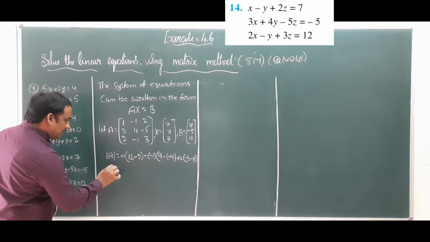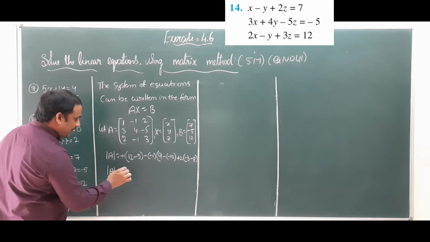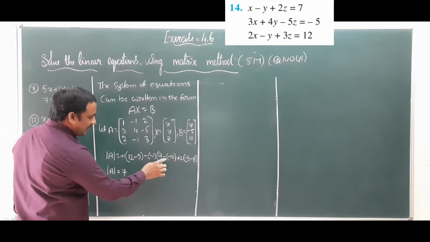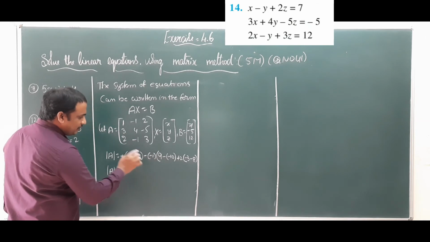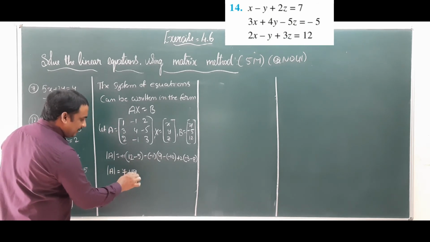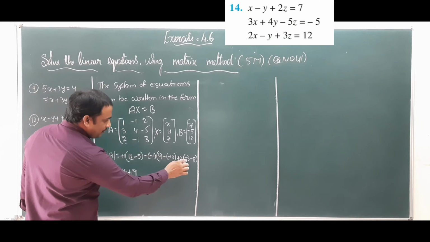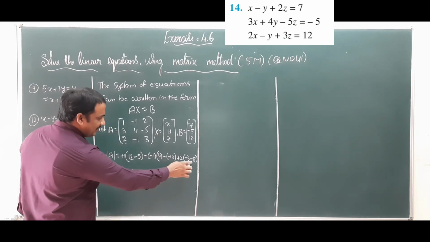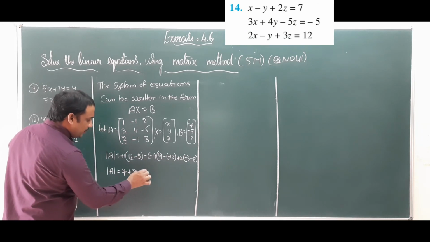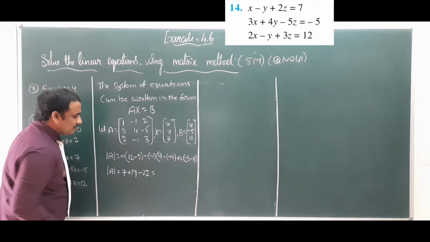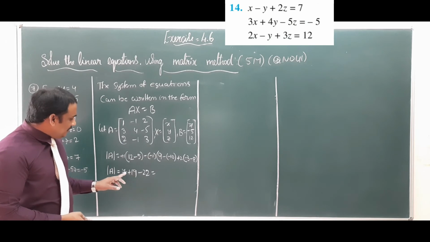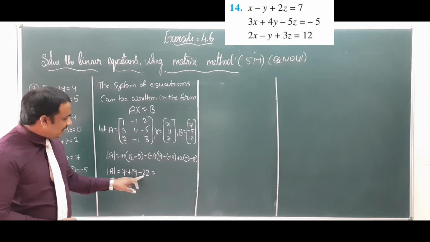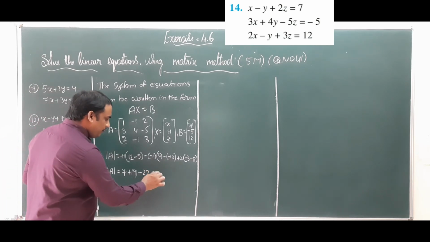Now det A equal to 12 minus 5, 7. Here 9 minus into minus plus 19, plus 19. Next minus 3 minus 8 is minus 11 into 2, minus 22. Now here 7 plus 19 is 26, minus 22, here 4.